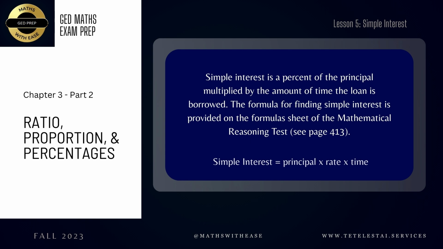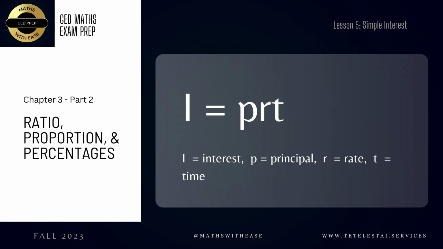So the simple interest formula, as we saw earlier, is written as interest equals principal times the rate times time. You may find it easier to remember the formula using variables. I equals PRT, where I represents interest, P represents the principal, R is the rate, and T is time.